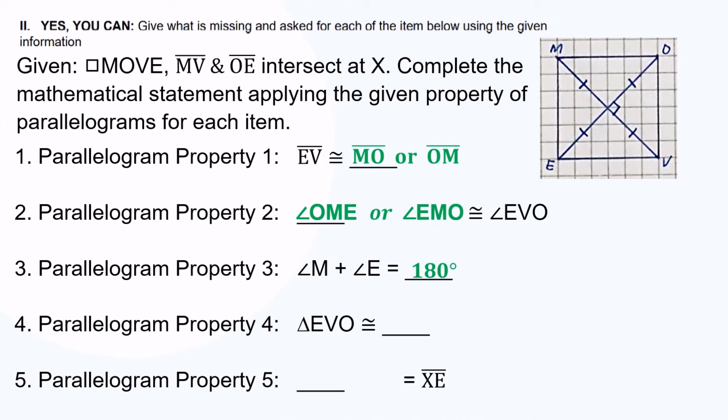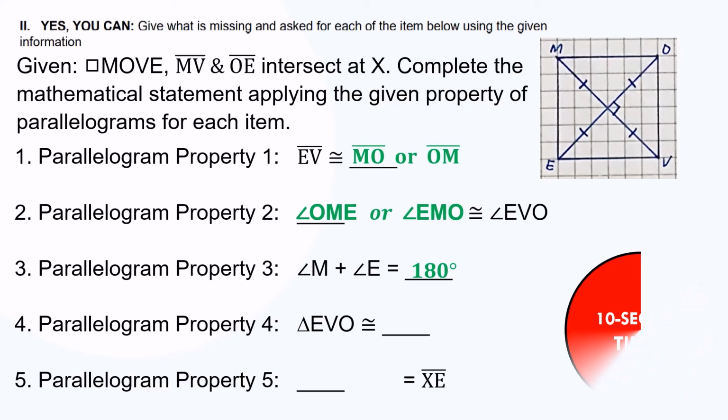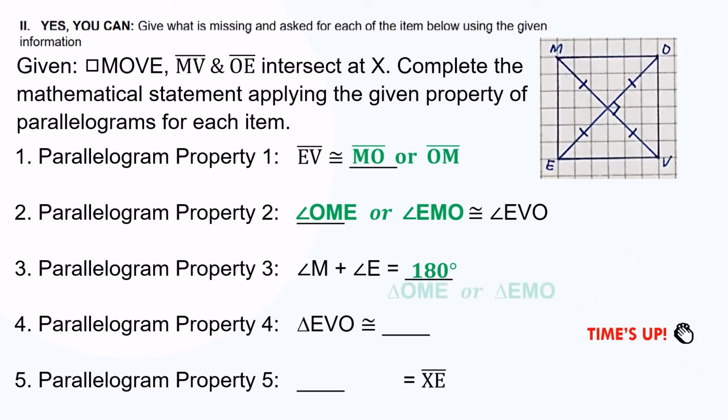Number 4. Parallelogram property number 4. Triangle EVO is congruent to blank. Your timer starts now. Correct answer, triangle OME or triangle EMO.